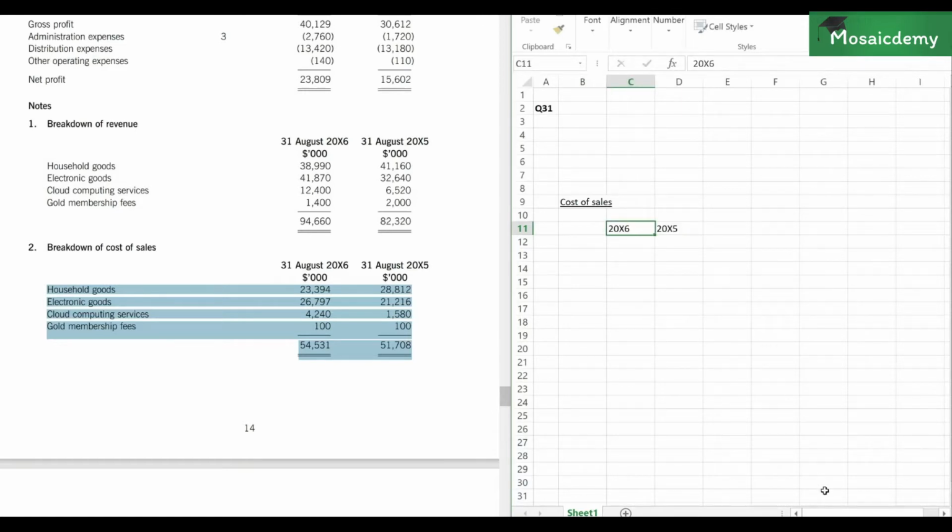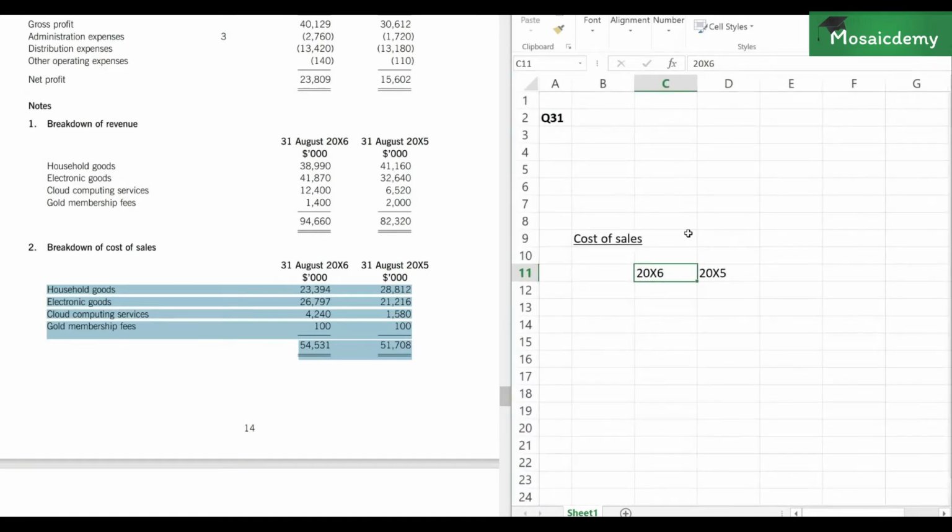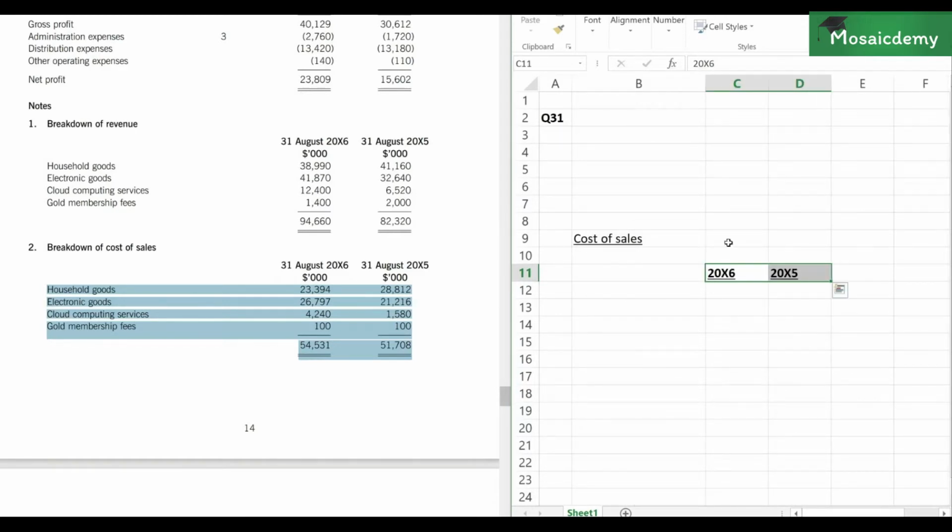Let's zoom in a bit so that it's easier for you guys to see as well. Whenever you have headings, make them bold, italic, underline, something that will make them stand out from the rest of the answer. Let's just put them in the center so that it looks better presentation-wise. All of these numbers are in the thousands, so it's important for us to mention that as well.